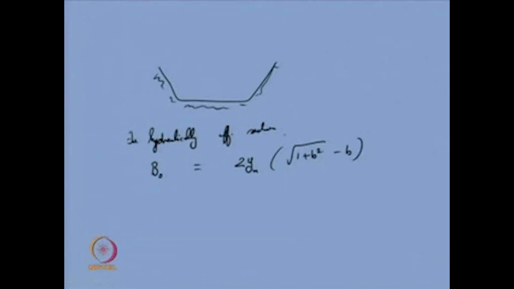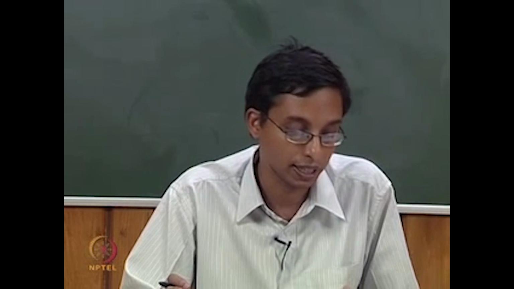Now, the requirement here is: what should be the channel side slope m? If you are able to identify the channel side slope m based on this given criteria, you can easily find that the hydraulically efficient channel section for a trapezoidal shape is nothing but half of a hexagon.